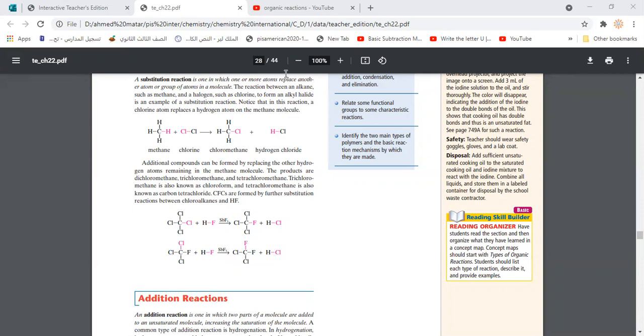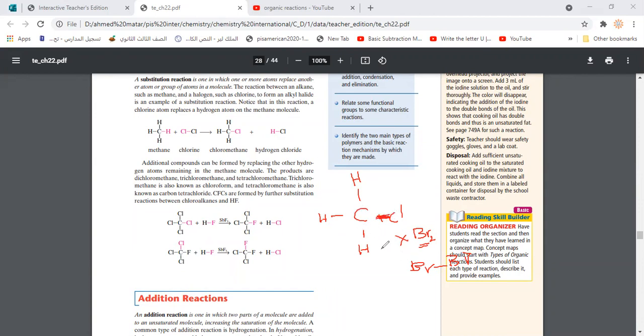Look at me carefully here. If I take, for example, this alkyl halide, CH3Cl, and I react it with Br2, which is two bromine atoms connected, this bromine is able to make a substitution reaction with the alkyl halide. But will it replace one of the hydrogens or replace the chlorine?